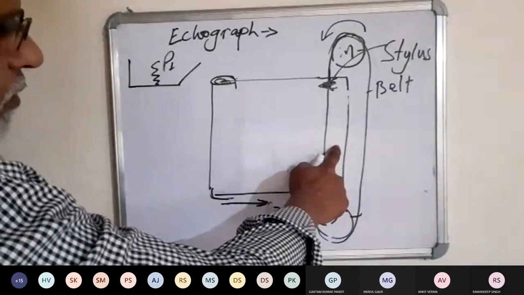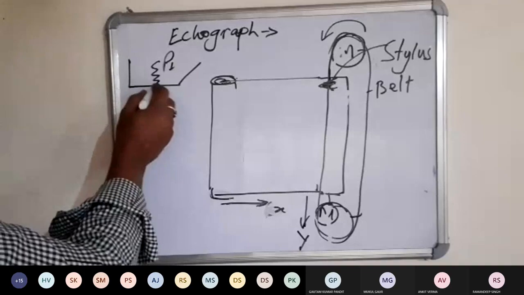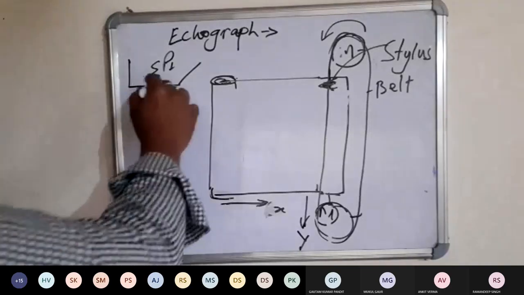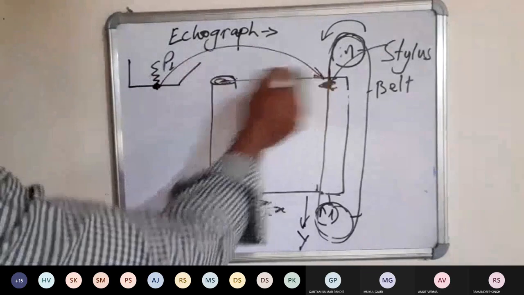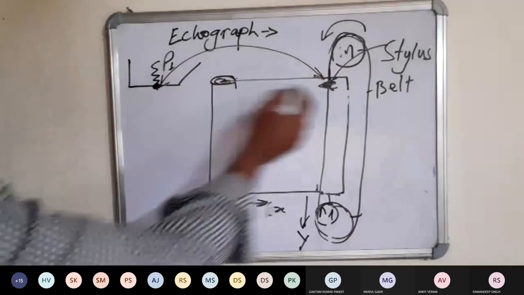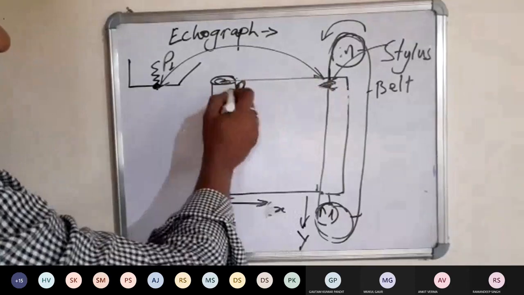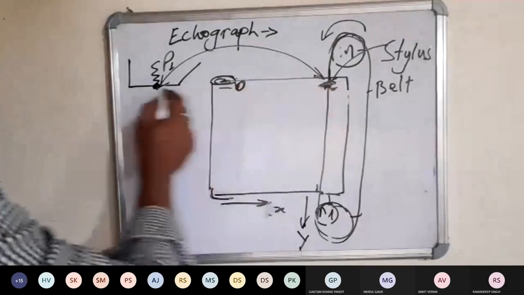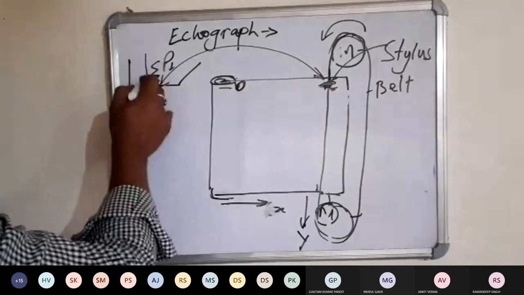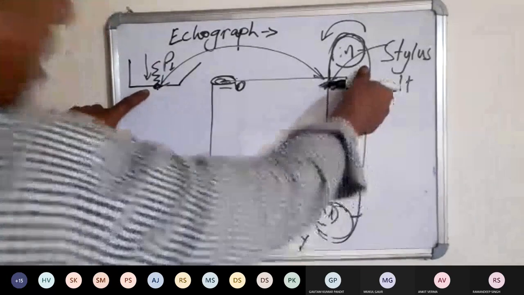In the recorder and the transmission of the pulse from the transducer, these two are synchronized in such a way that when it is just starting, the stylus is at 0 point. 0 mark पे है ये जब ट्रांसमिशन हो रही है. अभी शुरुआत होने वाली है, उस समय ये यहाँ पे था.